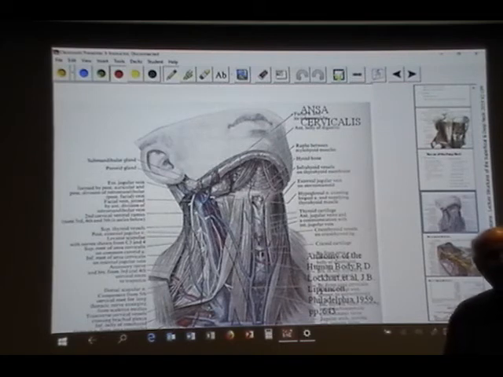Where did the preganglionic fibers come from to those cell bodies? CNS. Okay, what part? The brain or the spinal cord. Is that the dorsal root or the ventral root? If it's motor, it's ventral, it's anterior, right? Okay.